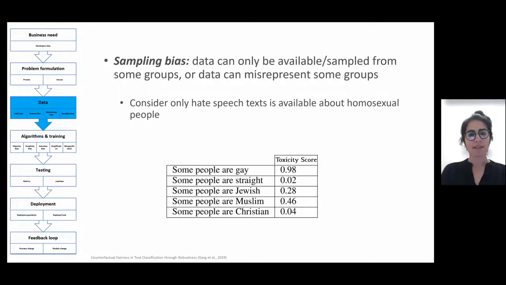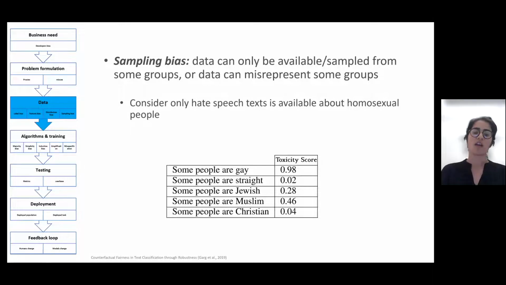As an example, let's consider that we want to understand if a sentence is toxic or not. Let's say we use Reddit comments to understand what is toxic or not. And unfortunately, because there is a lot of hate speech against homosexual people and against Muslim people, machine learning learned this pattern that maybe gay and Muslim are toxic as well.